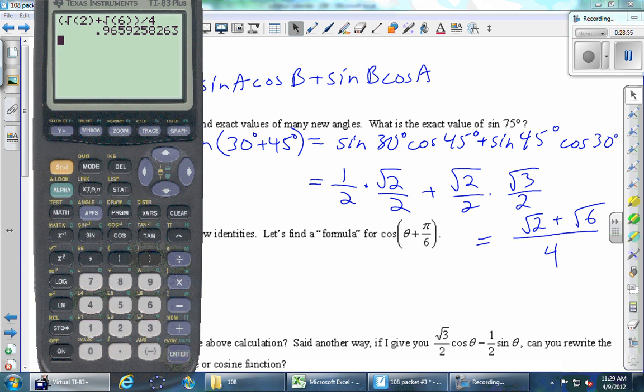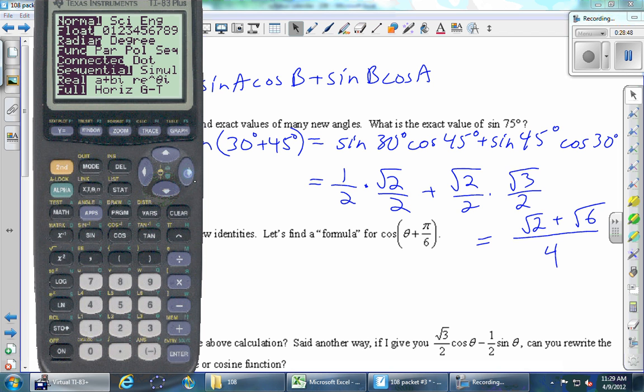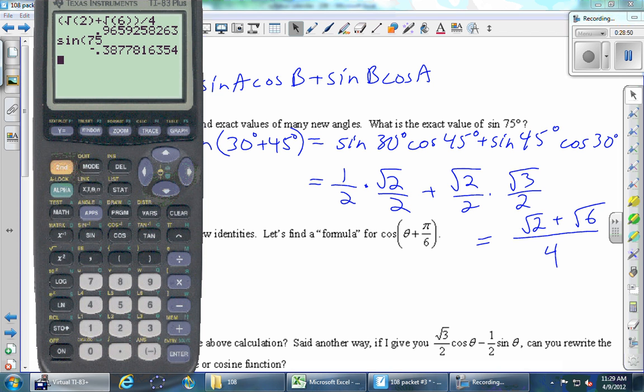I get that. And in theory, that's what the sine of 75 degrees is. Sine 75. Wrong mode. Let's try again. Sine of 75 is that.